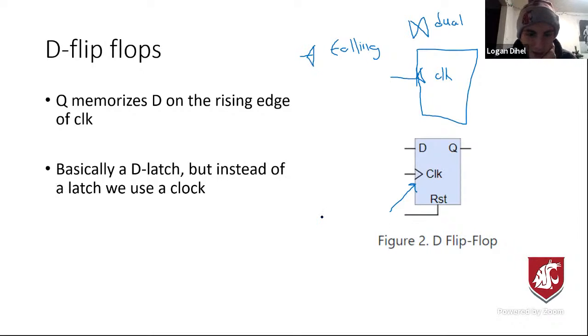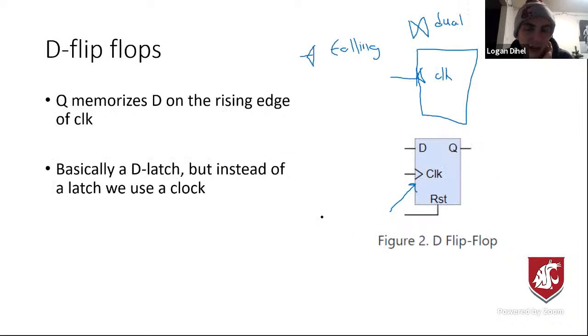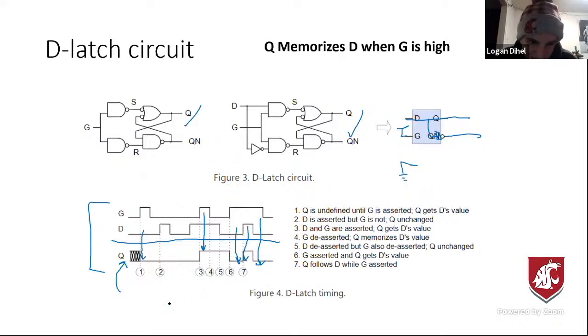I think these are even easier. I don't have an example waveform, but it's the exact same thing as this one. If G was the clock, you'd only look for this scenario when it goes on the rising edge.